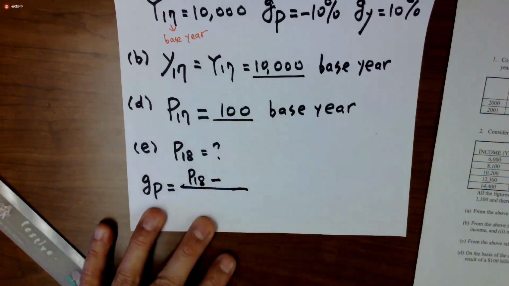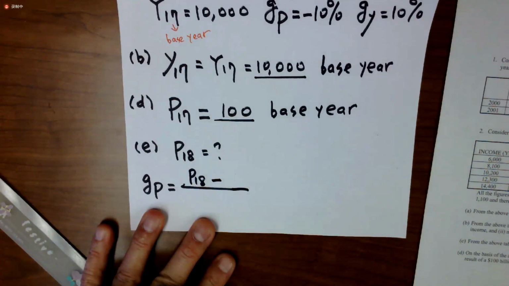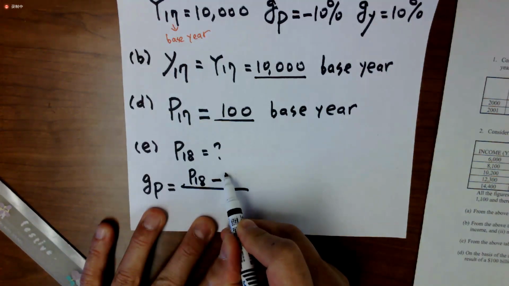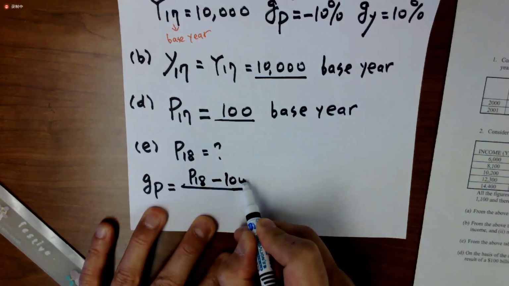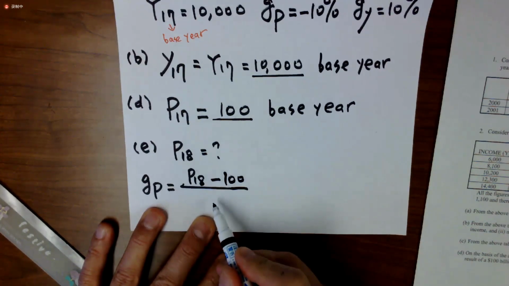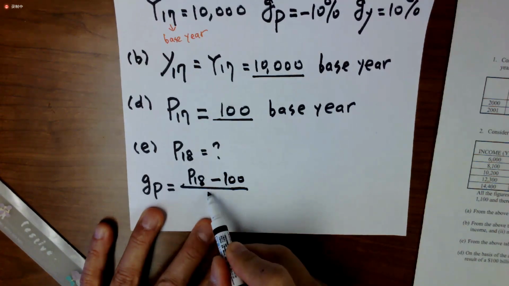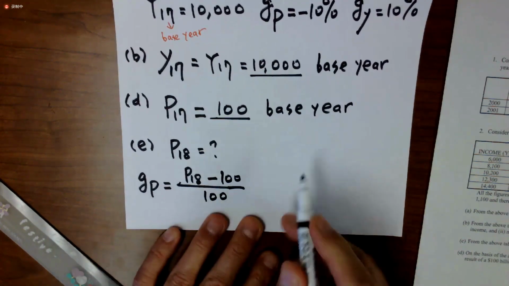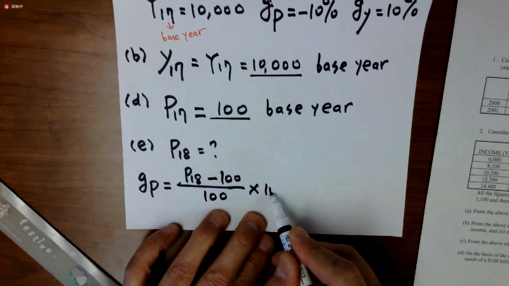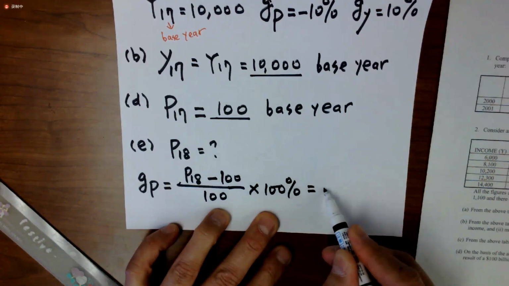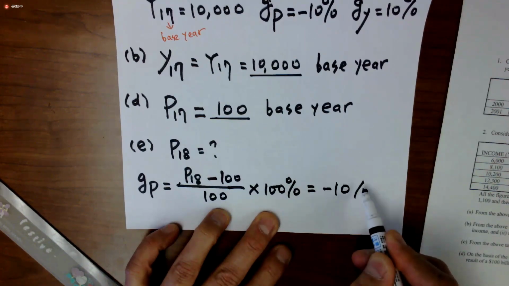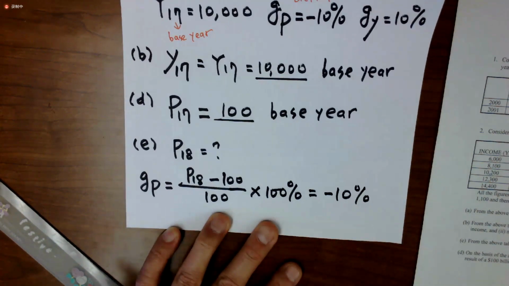So what's the price level for the base year 2017? What do I need to put here? 100. Thank you. Yes, 100. And then what should I put in the denominator? 100 again. Times 100% is equal to minus 10%. Agree?